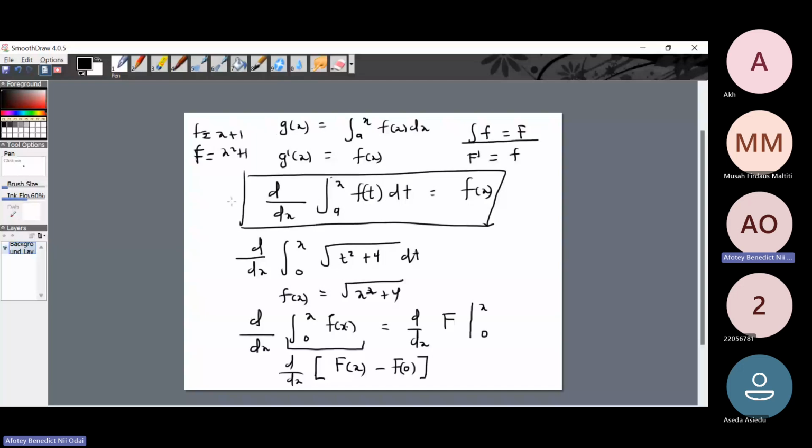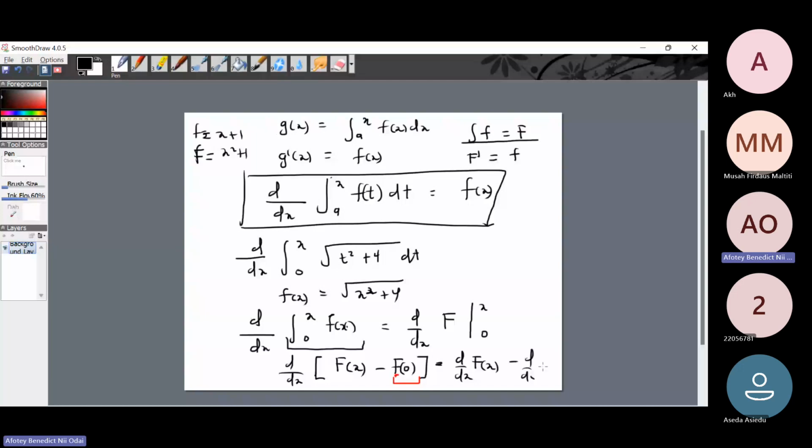This F is a function and you are plugging in 0, so we'll always get a number. So this is equal to d/dx of F of x minus d/dx of F of 0.